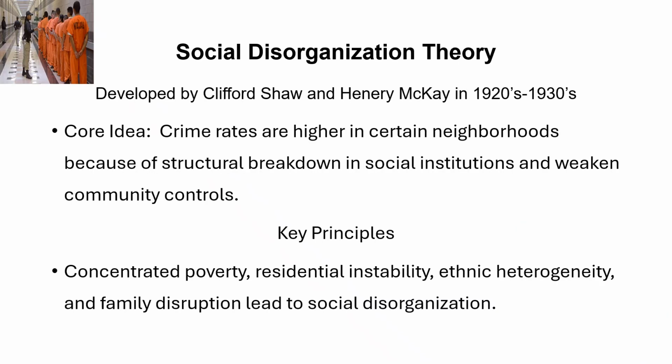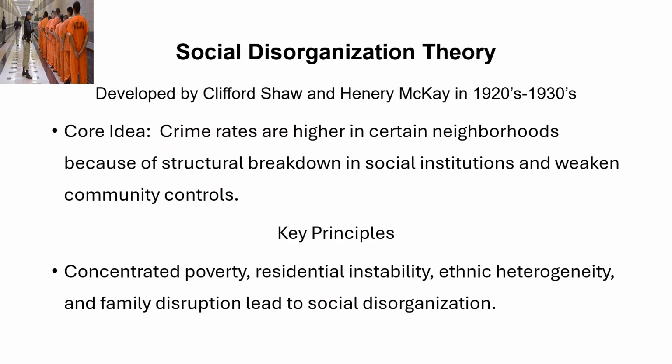I will also be comparing social disorganization theory. This theory was developed by Clifford Shaw and Henry McKay in the 1920s and 1930s. The core idea is crime rates are higher in certain neighborhoods because of structural breakdown in social institutions and weakened community controls.